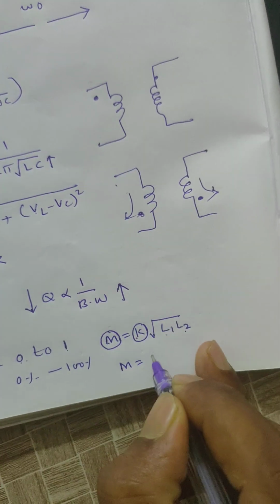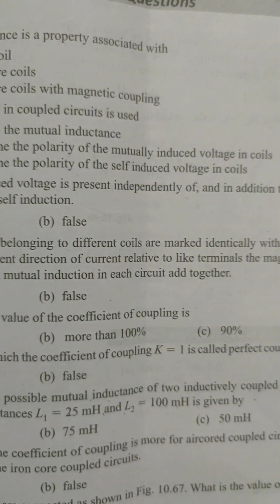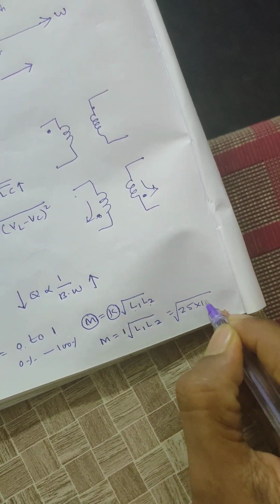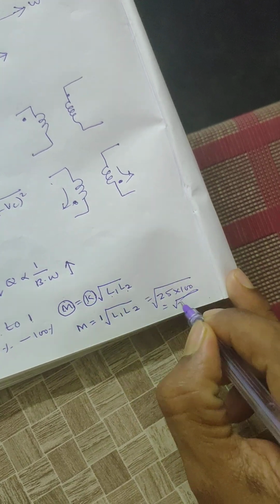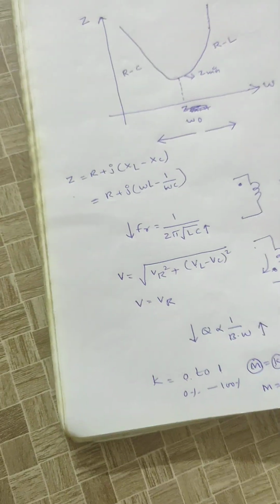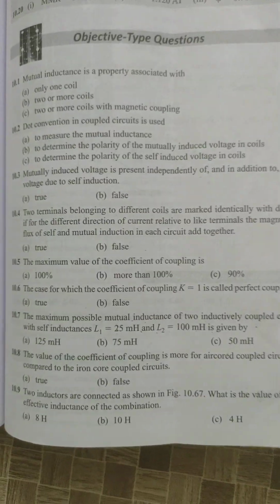That is M equals k, which is 1, times the square root of L1 times L2. Here the L1 and L2 values are given, 25 millihenry and 100 millihenry. That is 25 times 100, that is 2500, that is 50 squared, right? Yes, 50 millihenry is the correct answer.